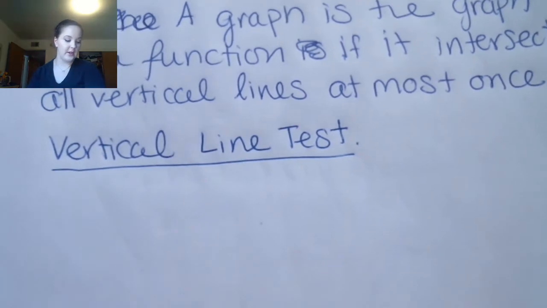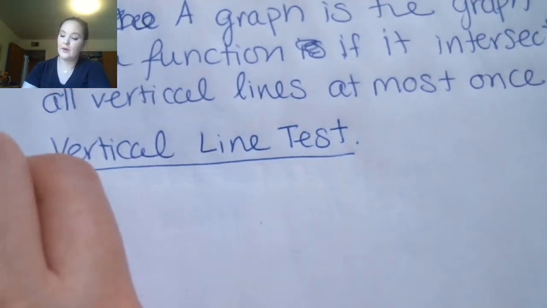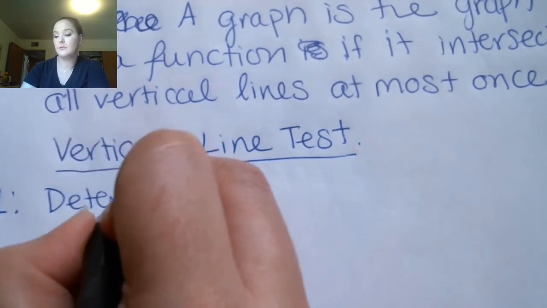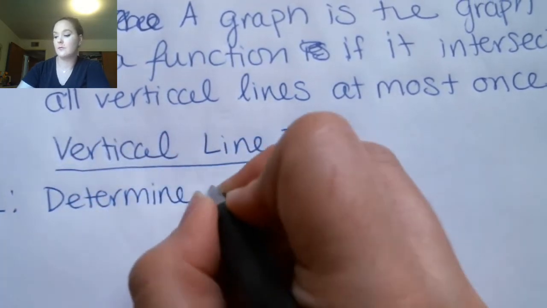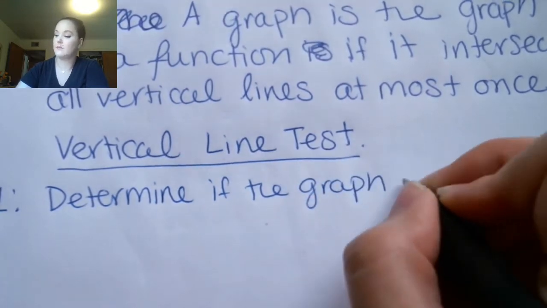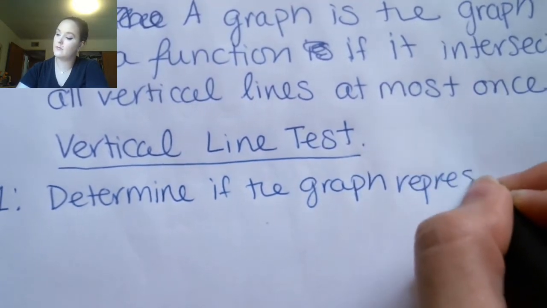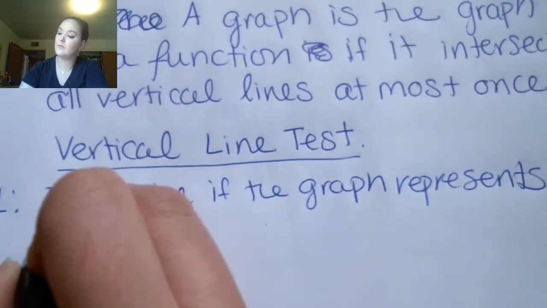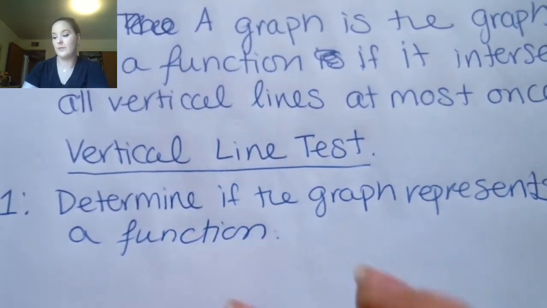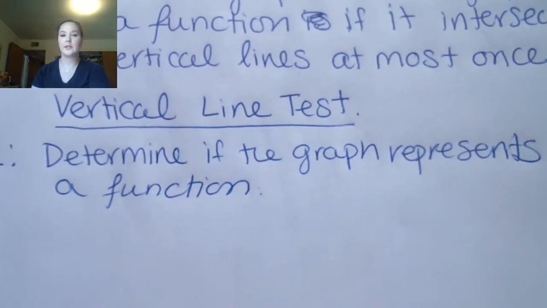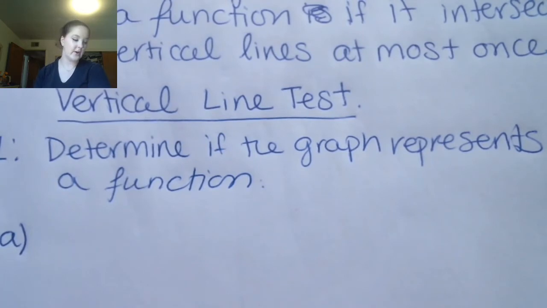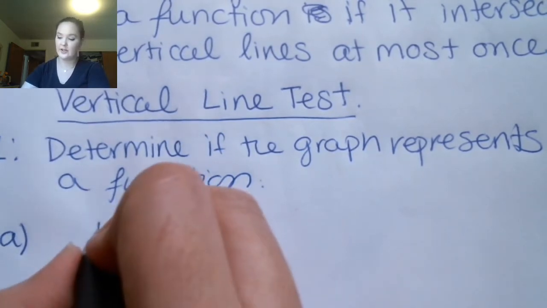Okay, now let's look at an example of using this test to decide. Okay, so we're going to look at some different graphs and try to decide using the vertical line test whether or not something is a graph of a function.